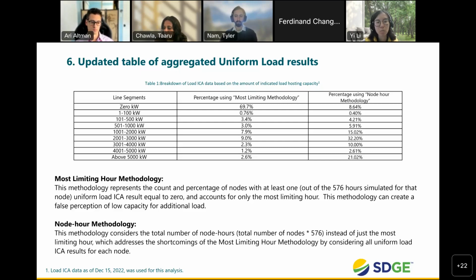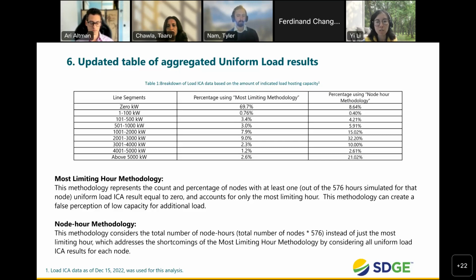We want to make sure folks are not using the most limiting methodology to come to the conclusion that ICA data is not accurate, right? Because that's not really what the zeros are showing. A 0 kW at some point at a nodal hour on the circuit does not indicate there's no capacity to interconnect a project.